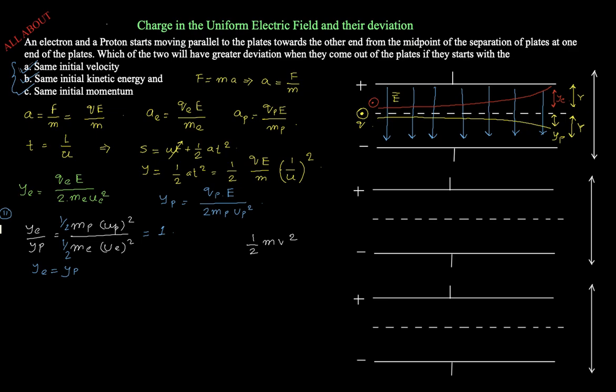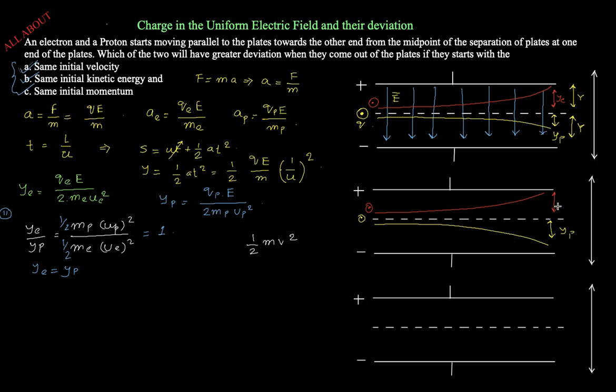That means for the second part, if they are accelerated with the same initial kinetic energy, then taking the electron in red color, if the path of the electron is like this, then the path of the proton in yellow color is the same. That means YE and YP are the same. This is YP and this is YE.